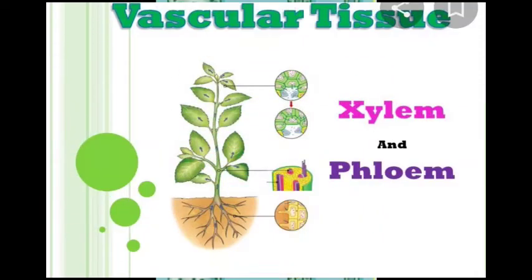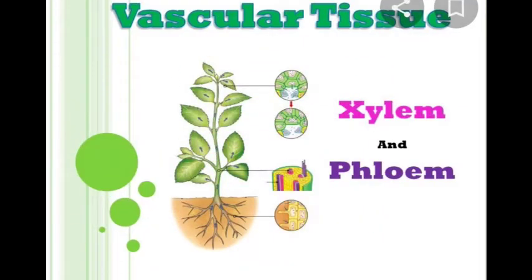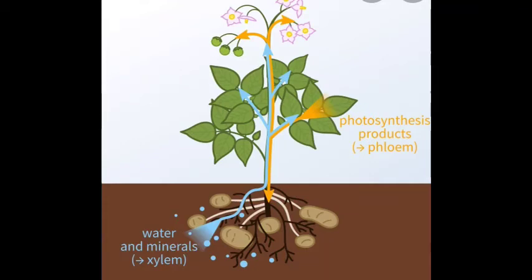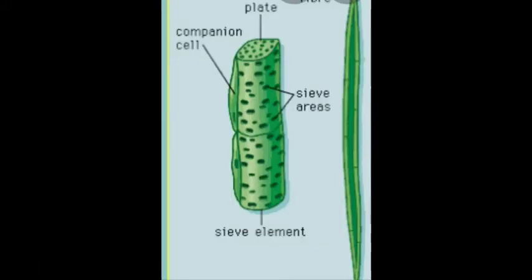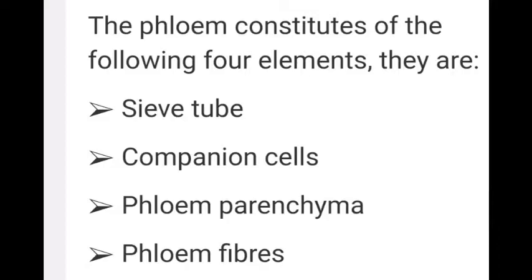Phloem tissue conducts food material from the leaves to the different parts of the plant. It is composed of 4 different types of cells: sieve tubes, companion cells, phloem parenchyma, and phloem fibers.